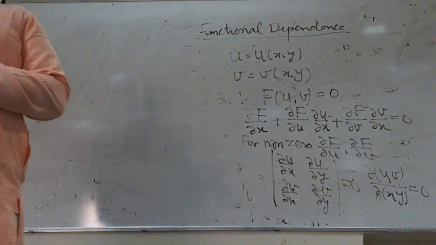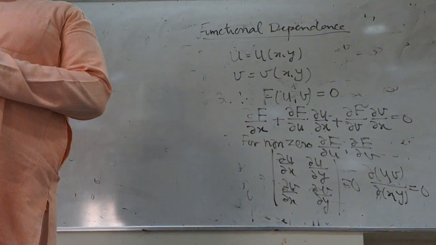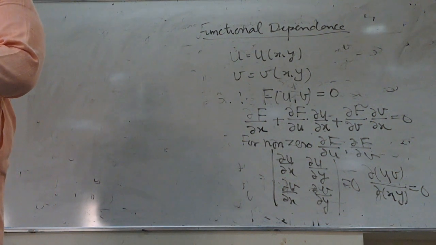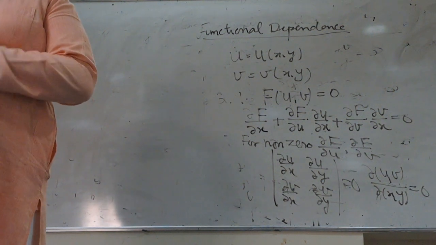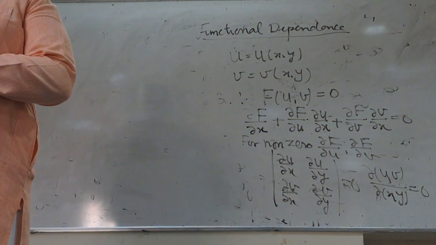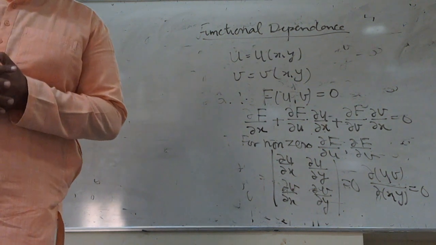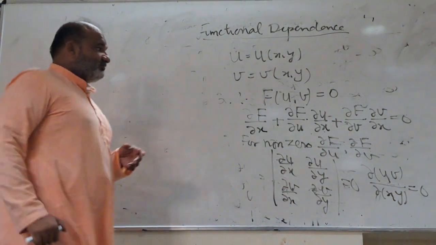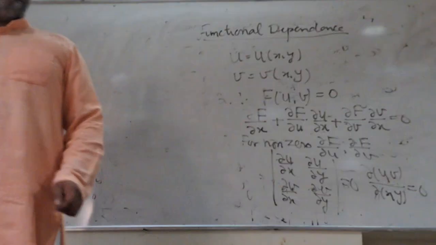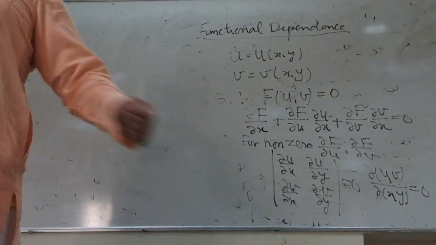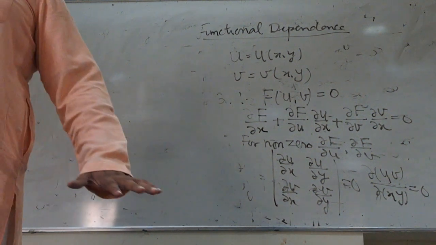So if I am given two functions u and v depending upon x and y, and the question is whether there is any functional dependence between them, find the value of the Jacobian of u, v with respect to x, y. If the Jacobian is 0, you will say yes, there is a relationship. If it is not equal to 0, then there is no relationship.